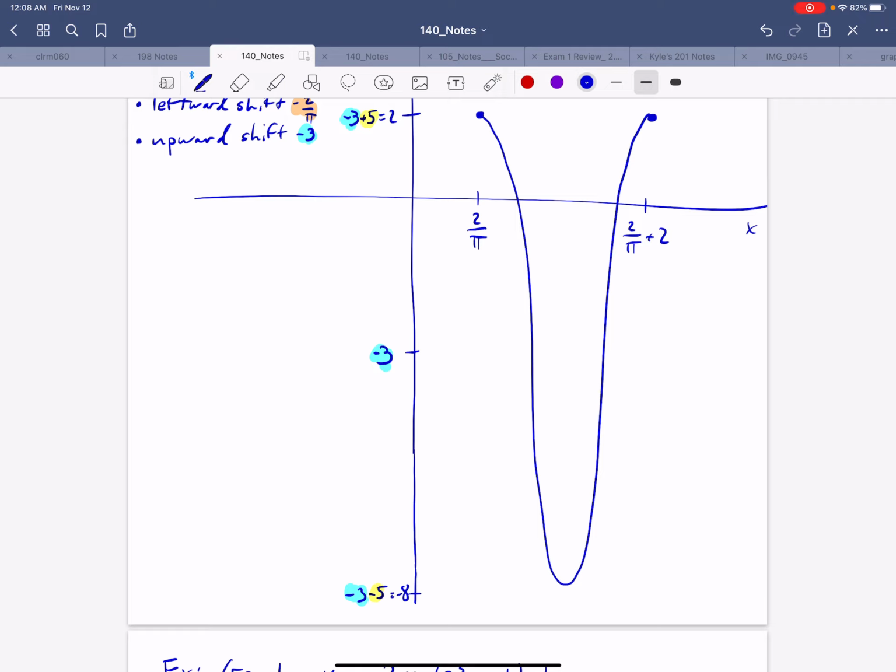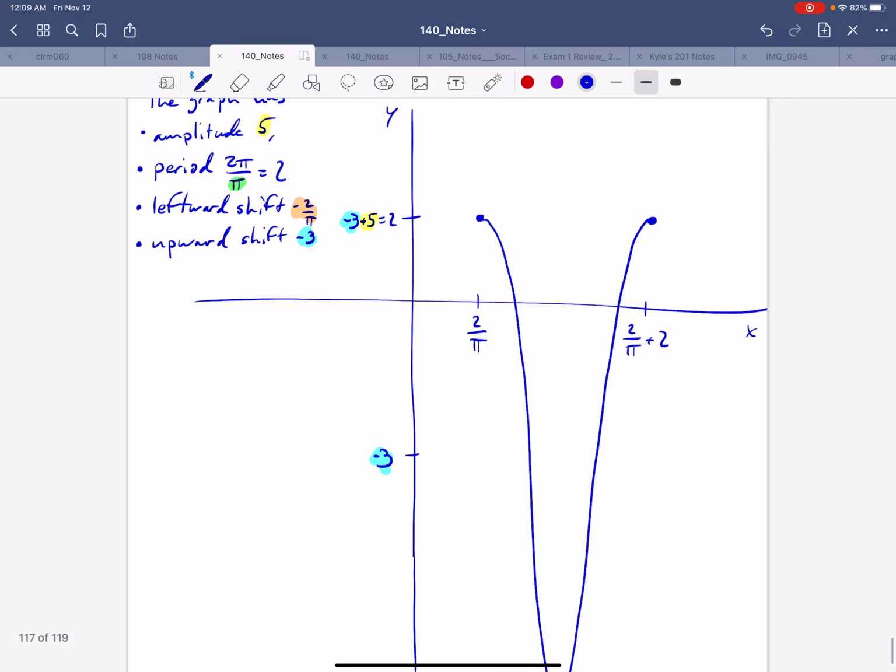We have something like that. I'll try to make that the tiniest bit more symmetric. I think it's actually worse. One more time. Right there. Okay? That's your graph. That's our graph, right?